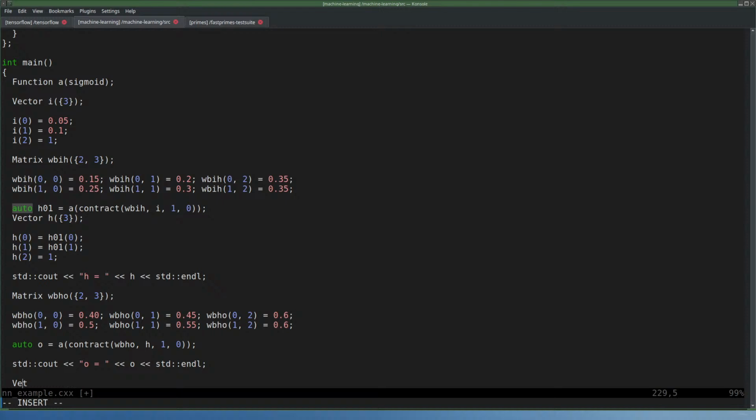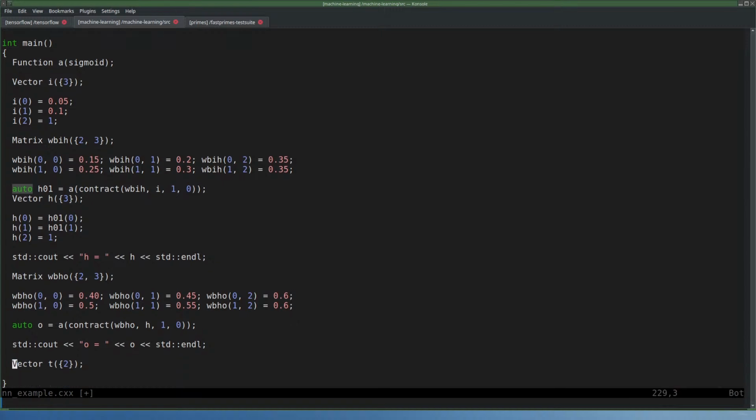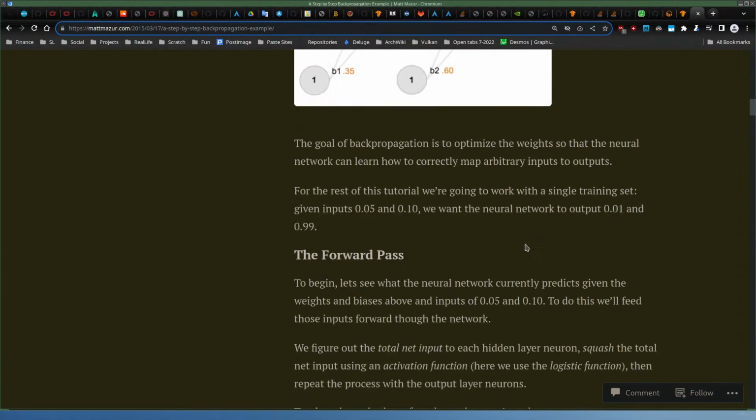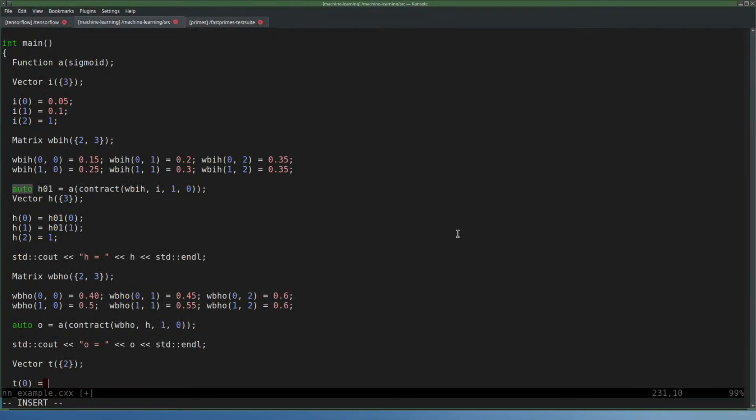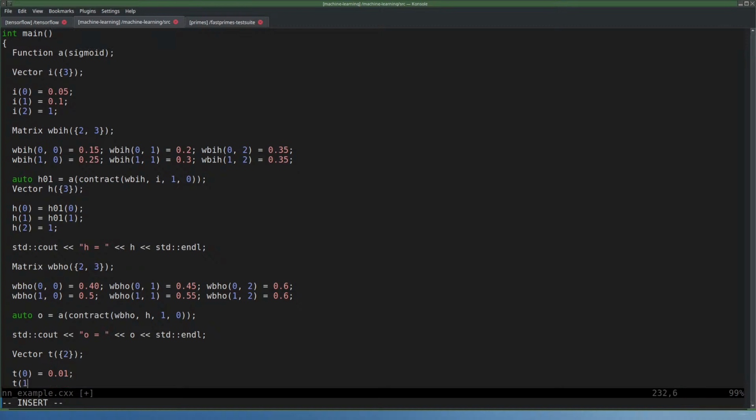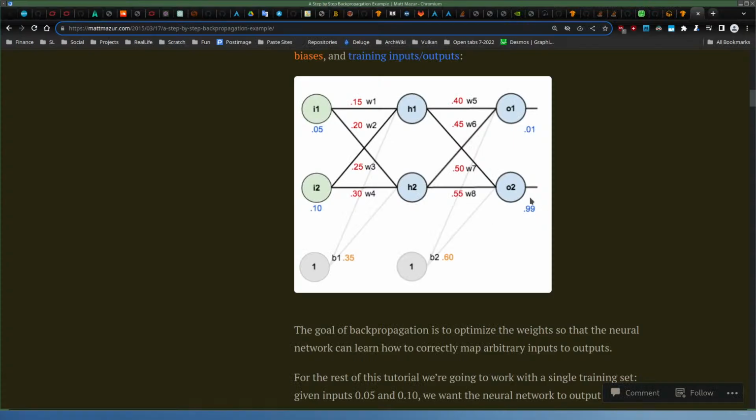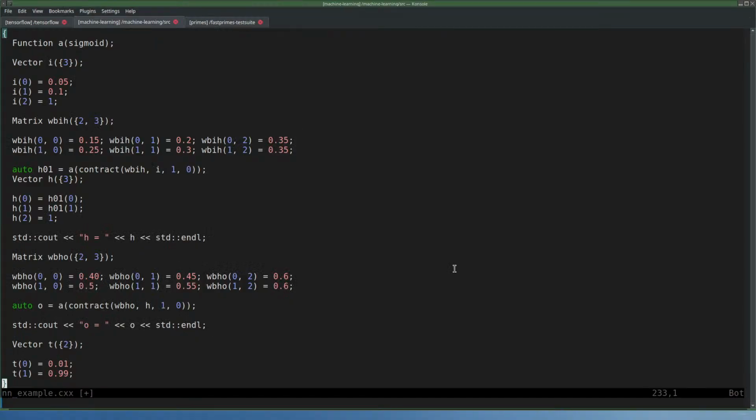And you know the shape, it's a vector of size 2. The first value is 0.01, and the second value is 0.99. Now I have all the values. Yep.